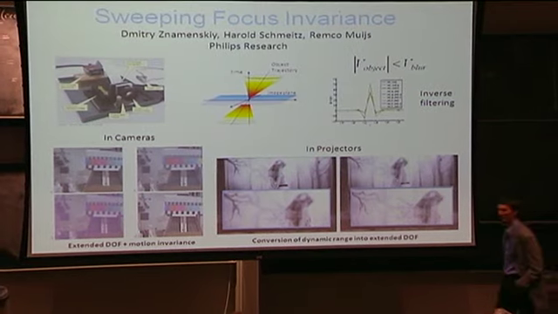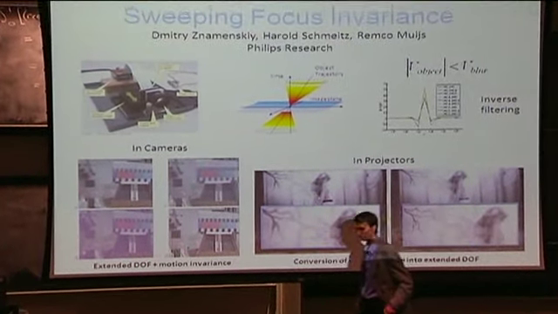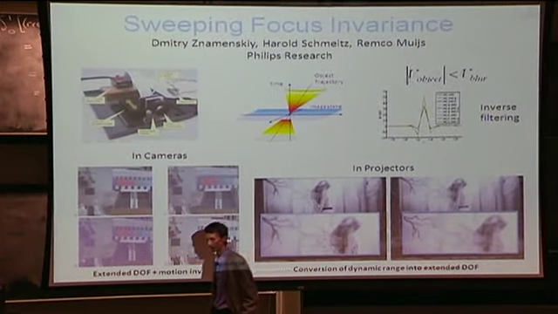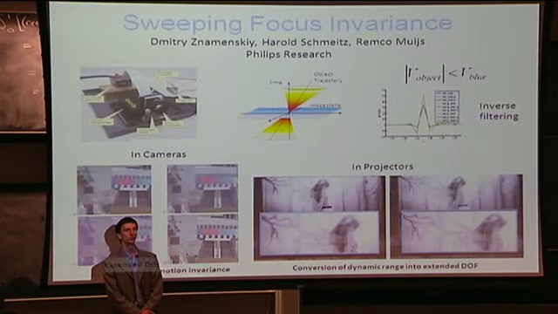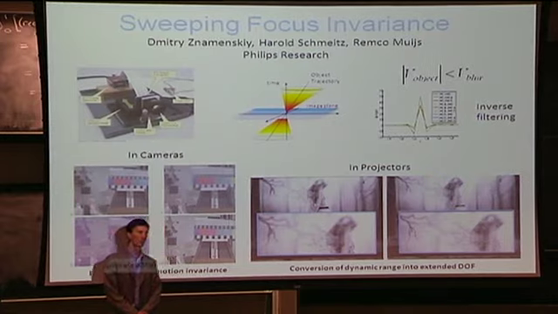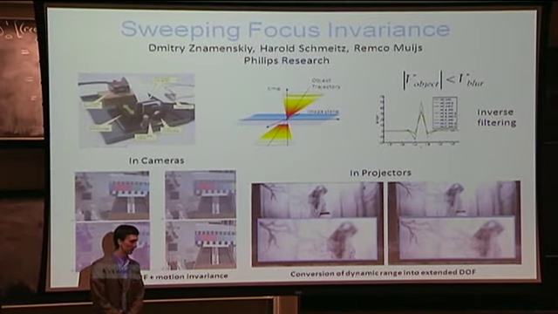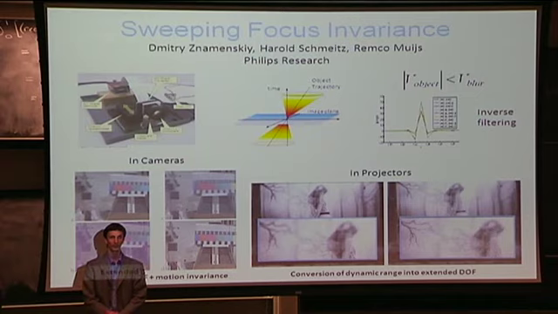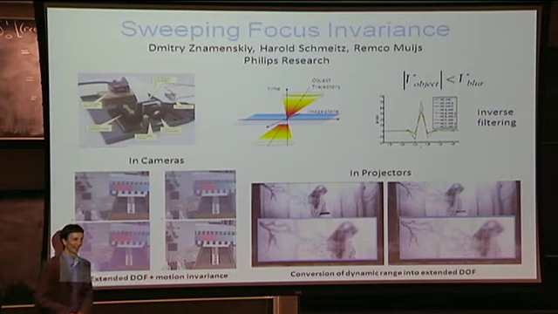Hello, my name is Dmitry Znamensky. I'm from the video and image processing group of Philips Research. Together with my colleagues Karl Schmeitz and Remco Mais, I was working on a sweeping focus application. So if you come to my poster stand and see a small metal box making a ticking sound, don't be afraid, it's not a bomb, it's a sweeping focus camera.